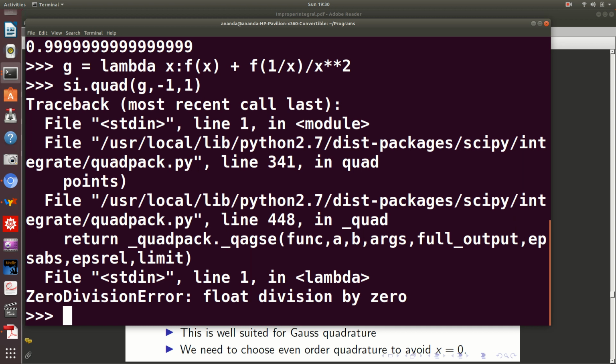So you cannot use this particular prescription in conjunction with quad. You can use the other formula that we talked about in conjunction with quad, but there the limits will be 0 to 1, and frankly doing that is rather useless because that's exactly what quad does internally. When you are supposed to integrate a function f from minus infinity to plus infinity, it changes the integrand and does the integral from 0 to infinity according to the second formula that we talked about.